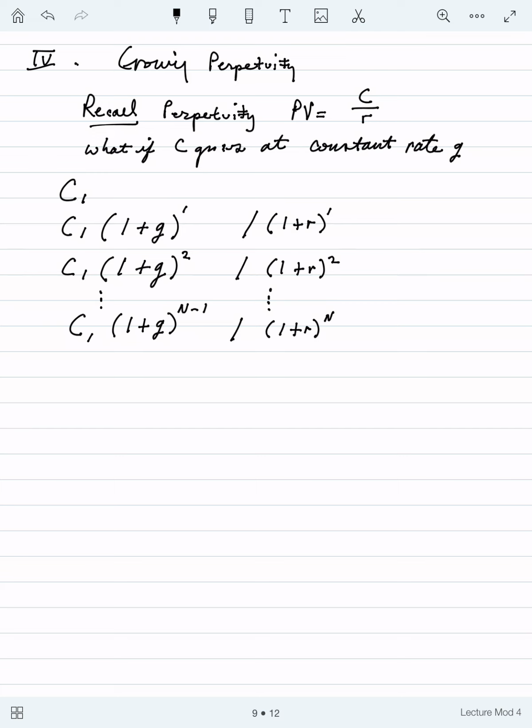Now, if you multiply this equation by 1 plus r over 1 plus g, and subtract this particular equation from the resulting multiplied equation, you actually let n approach infinity.